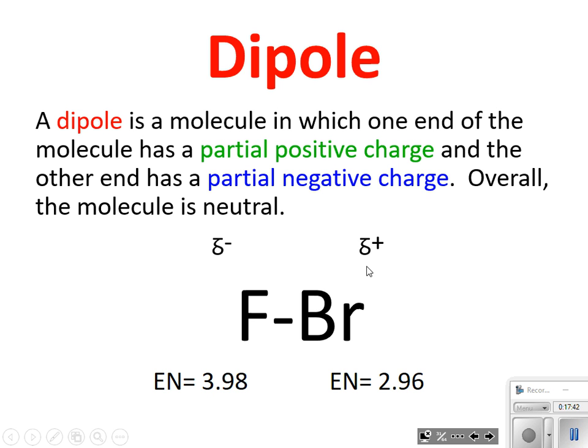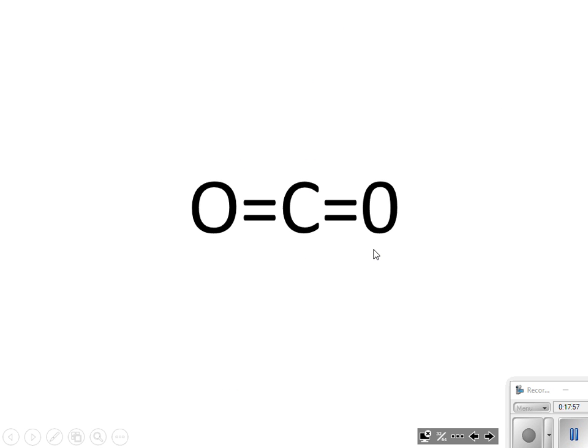Now let's look. So this right here is a polar covalent bond. And looking at the dipoles, this end's partially negative, this end's partially positive. Now let's look at carbon dioxide. Okay, CO2. I can see that I have two double bonds here. Didn't we say that carbon could double bond on both sides? Yeah.